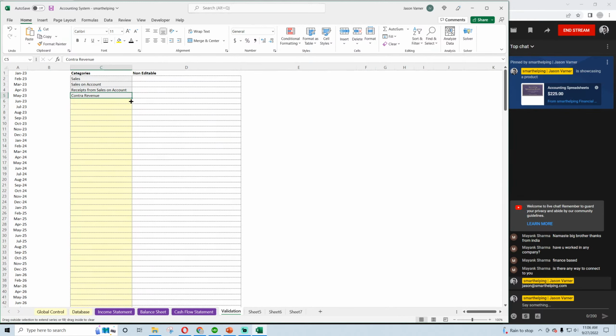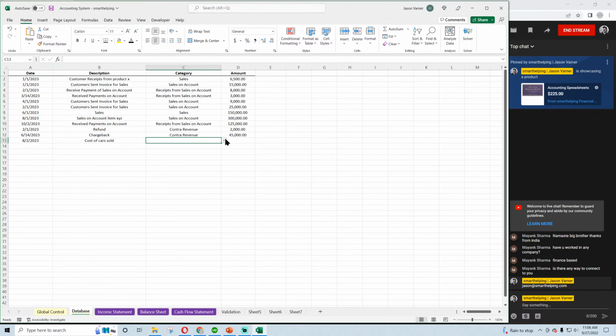So this is going to be cost of goods sold inventory. Actually, I don't even want to put the dash. Whoever's putting in the data entry, we want them to be as simple as possible. So let's just go COGS inventory.